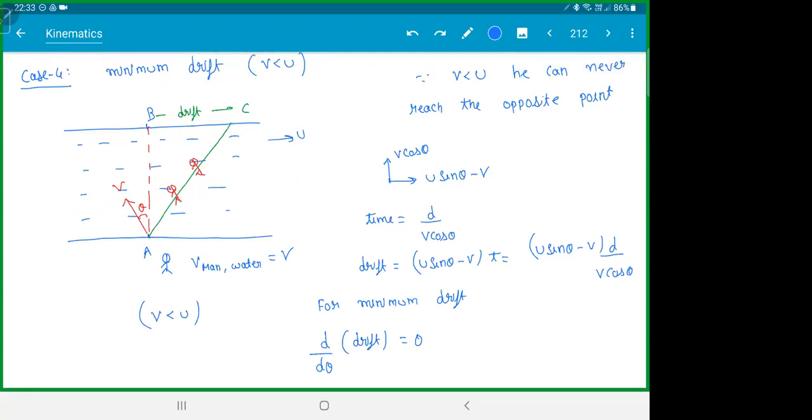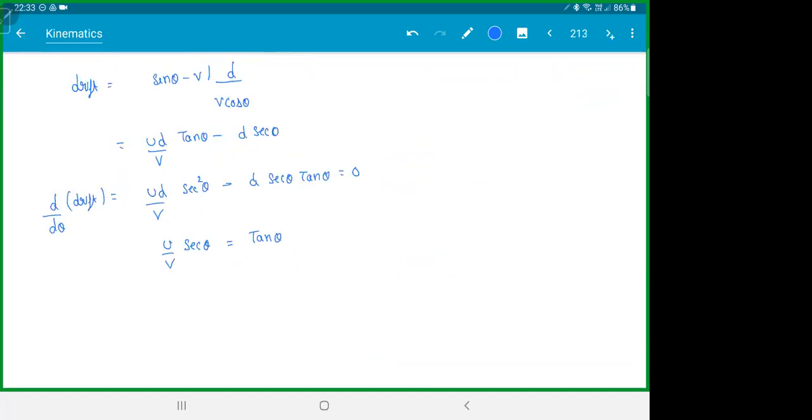Oh, this is v sine theta minus u. I was thinking where it messed up. V sine theta minus u minus v sine theta.